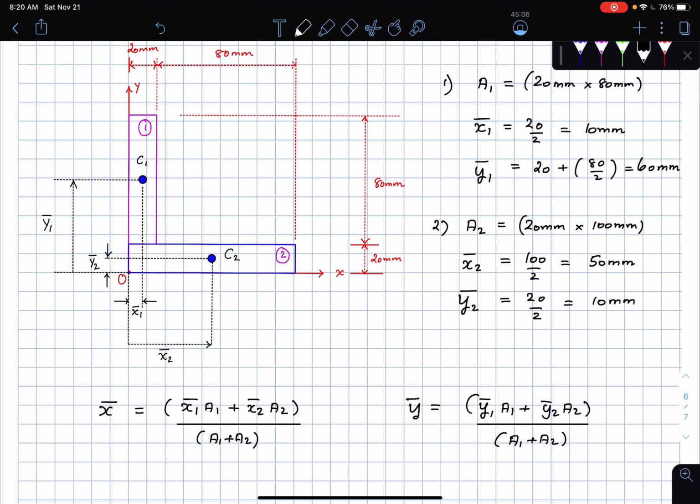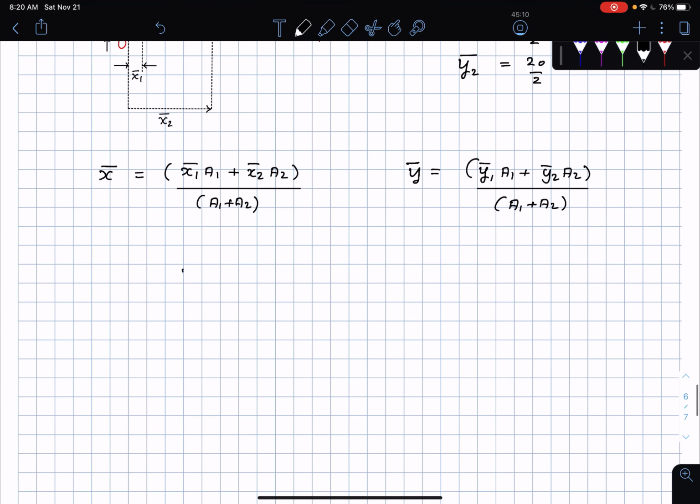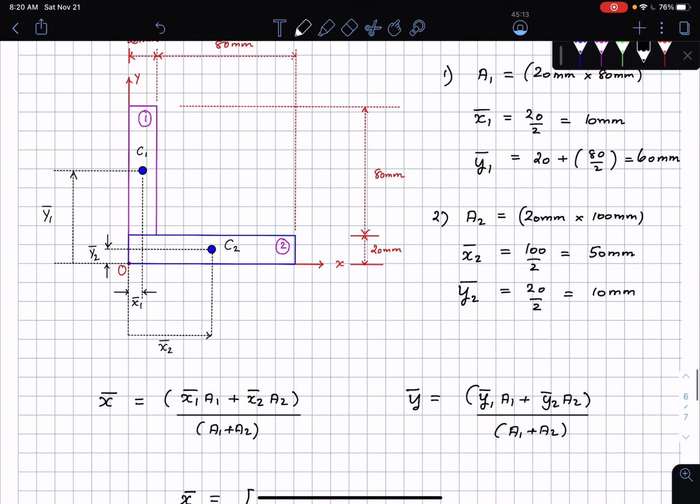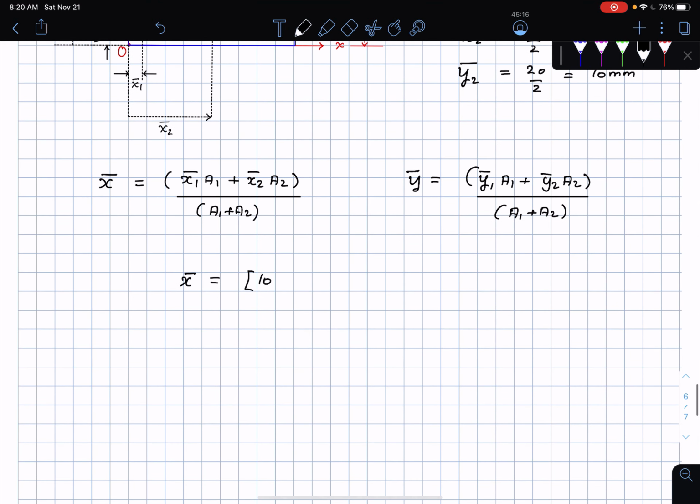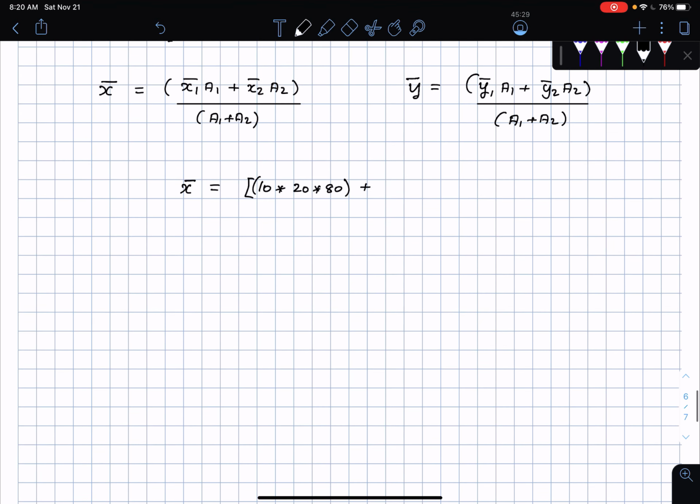I have all the values that have been calculated there, so all I have to do is the substitution. So x bar is now going to be x1 bar, which I had calculated earlier as 10, times the area of the first piece, which is 20 times 80. Then the second one, x2 bar, which I had calculated as 50 millimeters, times the area of the second piece, which is 20 times 100.